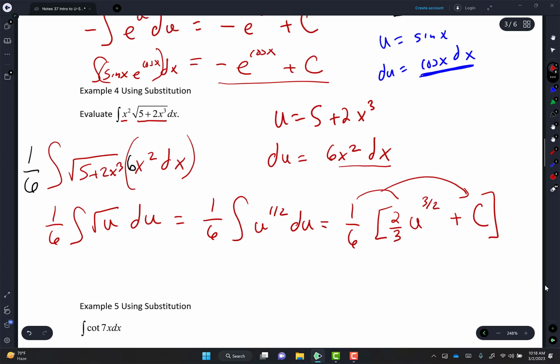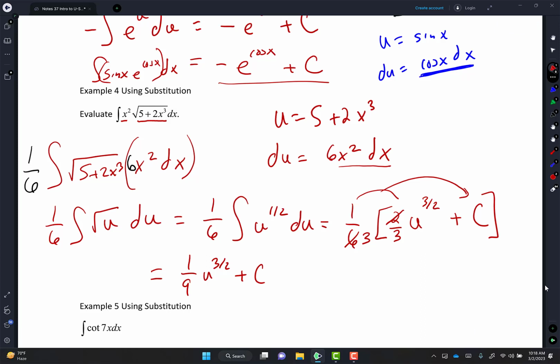So write it like this, guys. 2 goes into 6 3 times, so 1/3 times 1/3 is 1/9, u to the 3 halves plus c. And then I don't want it in terms of u. I want it in terms of x.